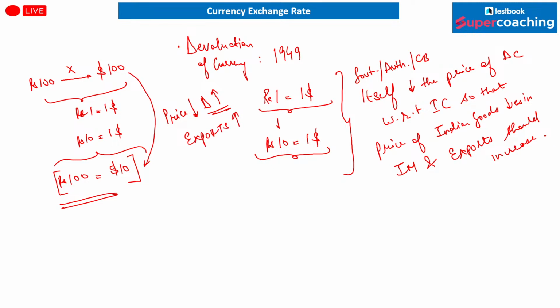So the Indian currency has been devalued once in 1949, then in 1966, then two times in 1991.